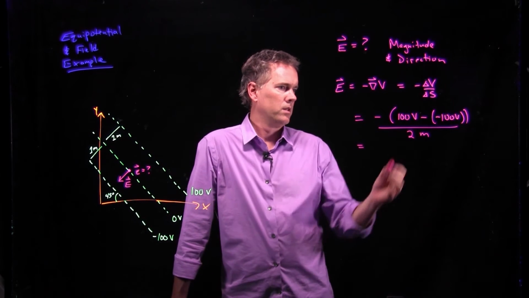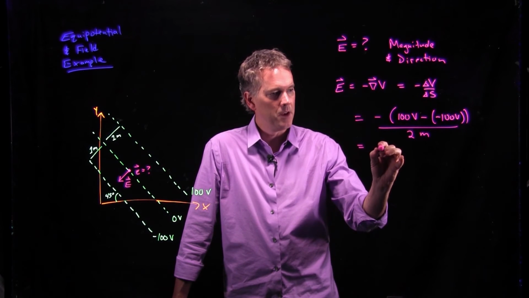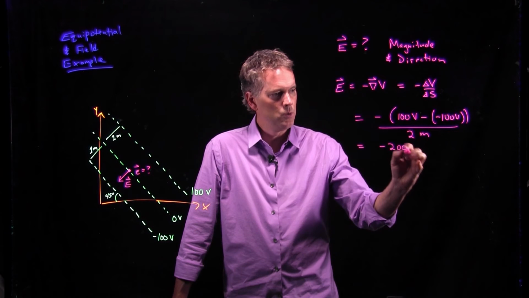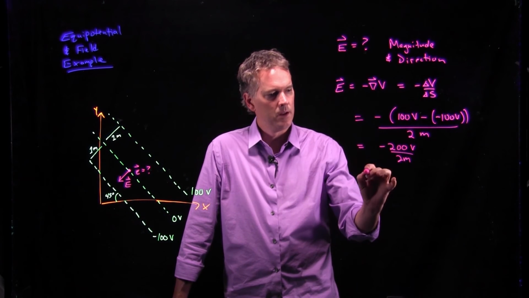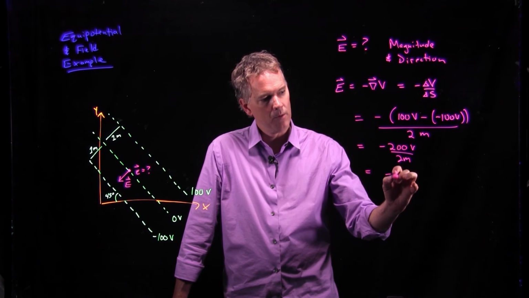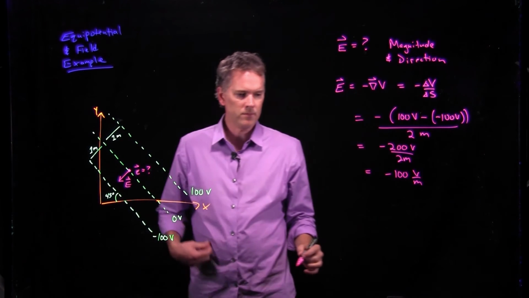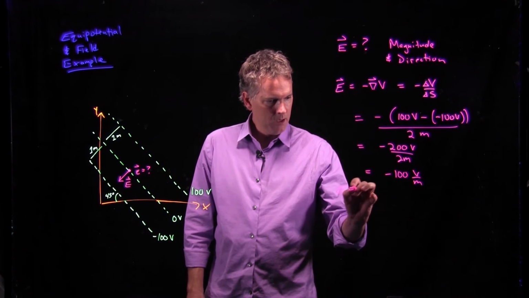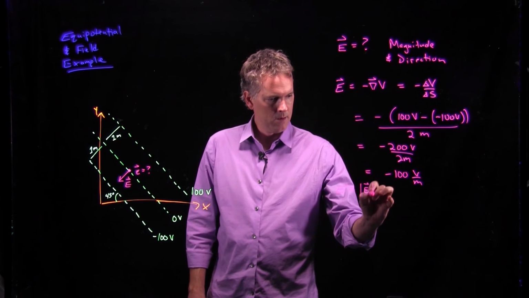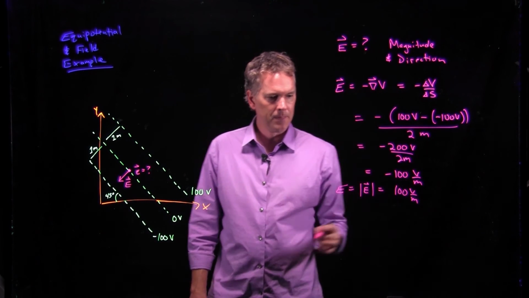All right, 100 plus 100, negative of that is negative 200 volts per 2 meters. And so that is negative 100 volts per meter. Now, if you just want the magnitude of E, then it's just 100 volts per meter.